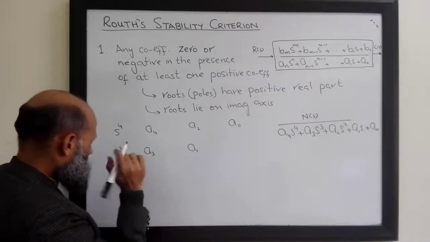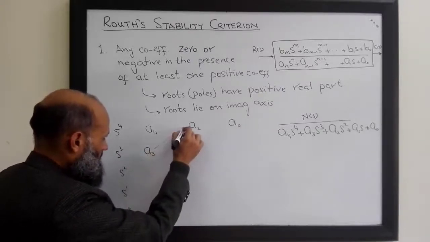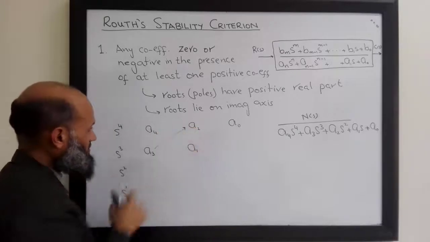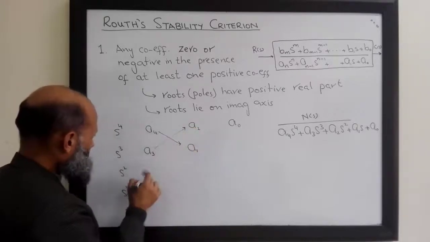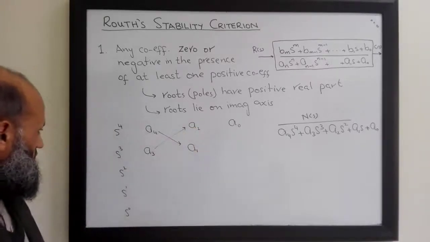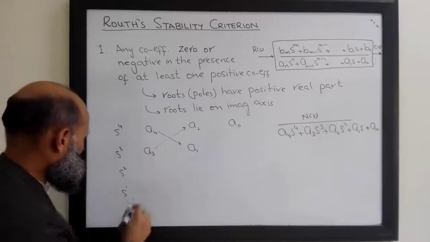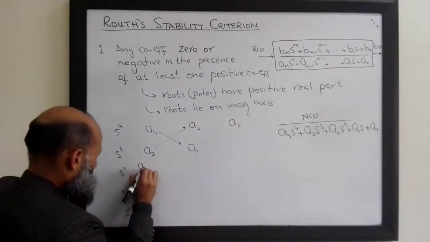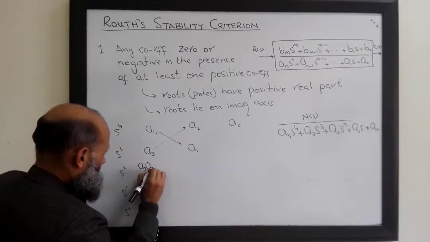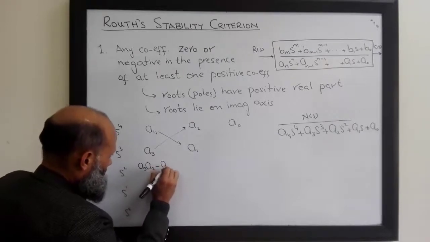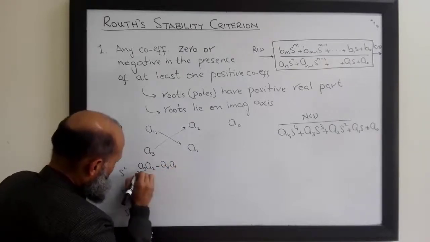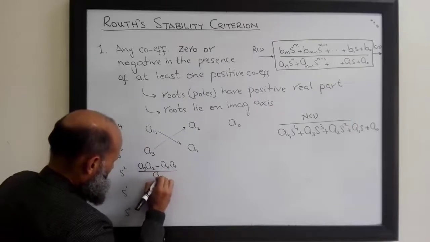The coefficient over here is obtained by multiplying this one with this and this with this one and dividing that with this coefficient, that is a3 multiplied by a2 minus a4 multiplied by a1 divided by a3.